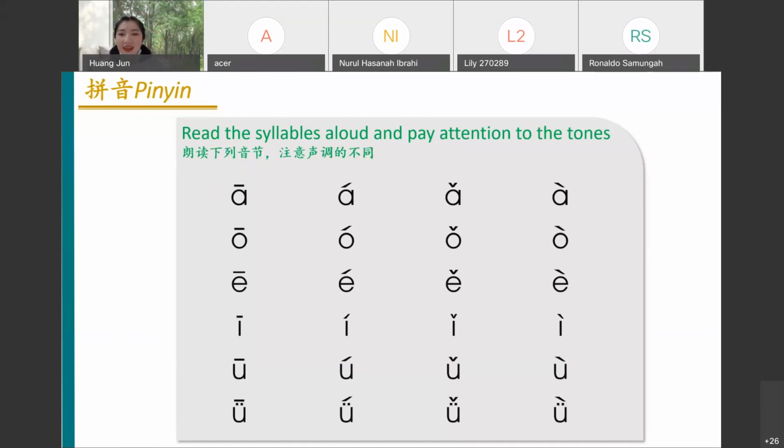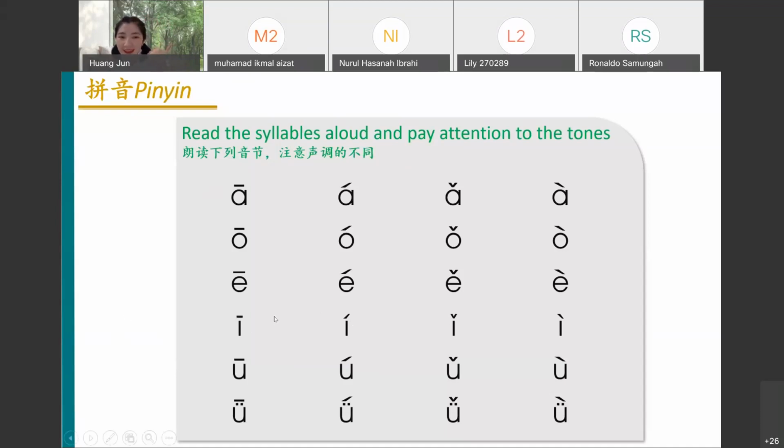Very good. Both the boys and the girls can follow it. Okay, we're starting from group 4. Group 4 over here. Very good. Now you can fully catch the tones already.